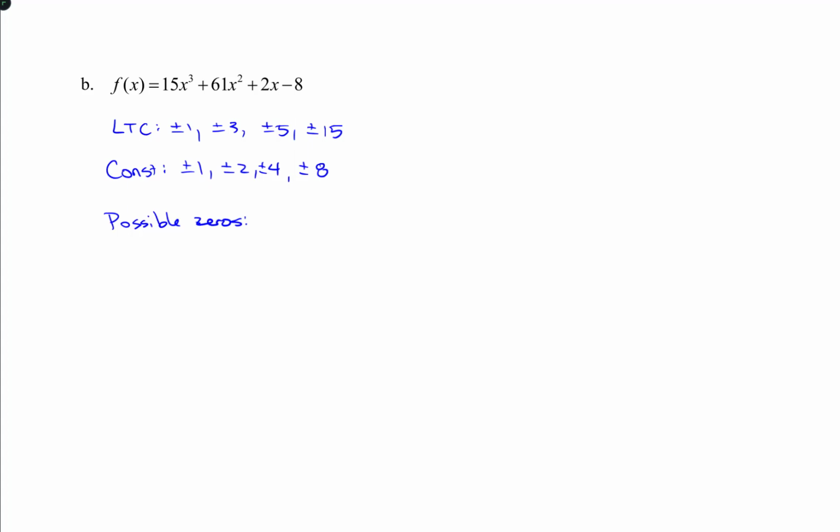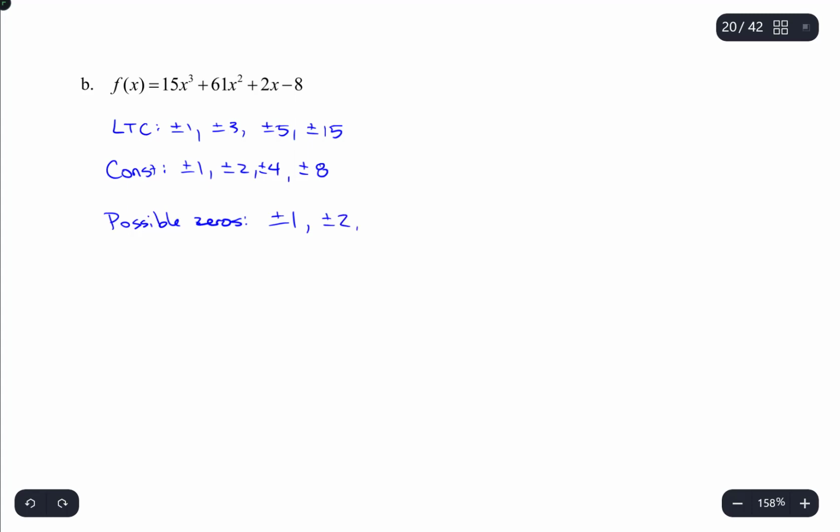So 1 over 1 is 1, 2 over 1, 4 over 1, 8 over 1. All right, now I'll move to the 3. So this would be 1 over 3, so 1/3. 2 over 3, so 2/3. 4/3. And 8/3.